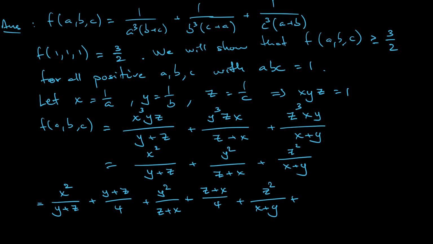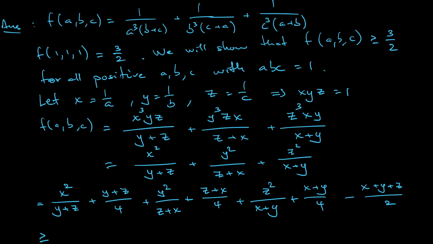Similarly, I introduce plus x plus y over 4. So I need to minus this back, and minus this back. So I need to minus x plus y plus z over 2. What's the reason of doing this?